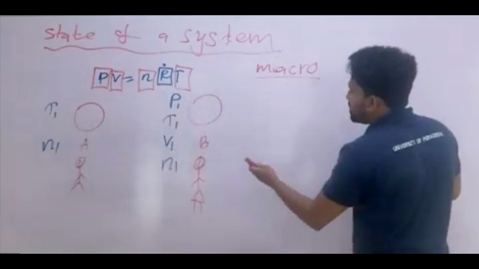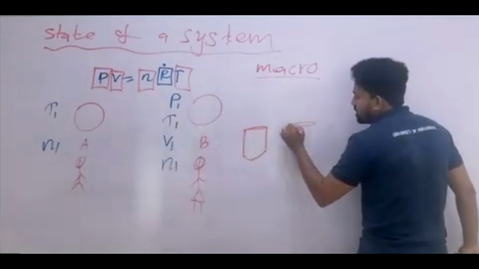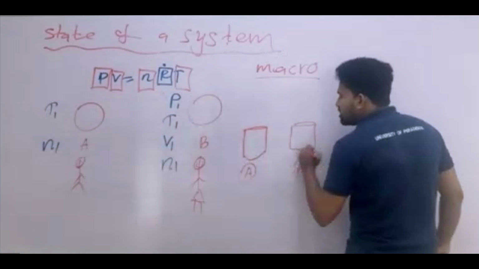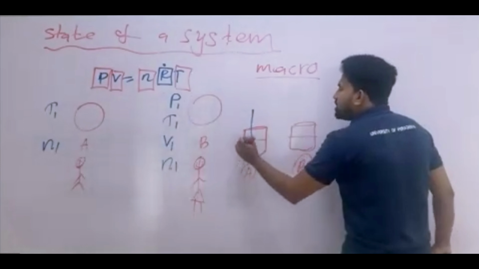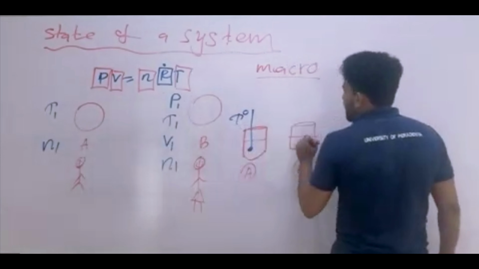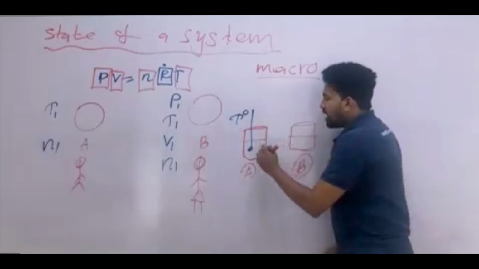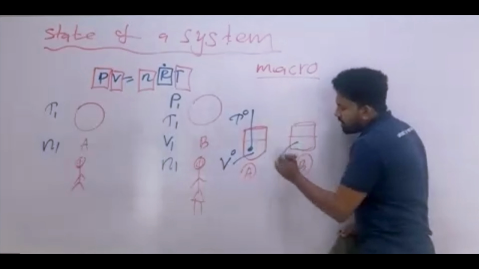When it comes to liquid, right? Here I have a liquid which is called A, and here another liquid which is called B. So if we put a thermometer here, there is a temperature, let's call it T naught, and here we do not measure the temperature. We know the volume, that is V naught, and here the volume is V1.